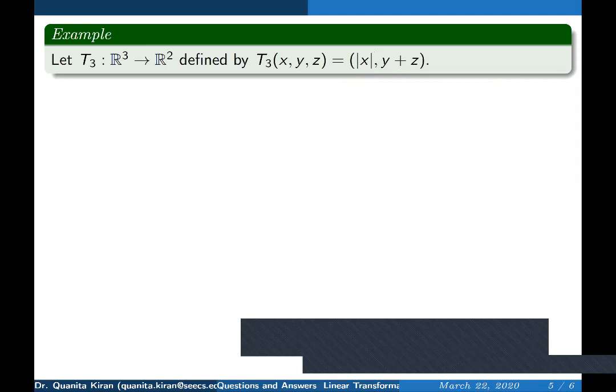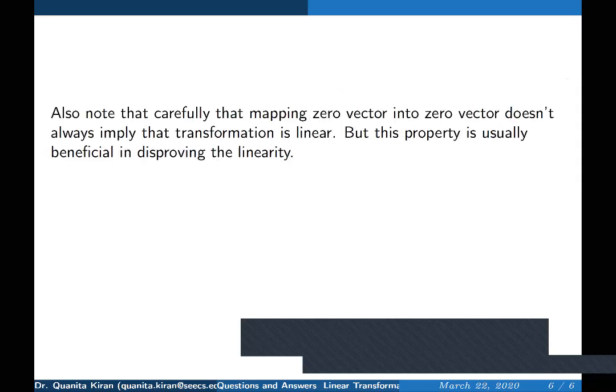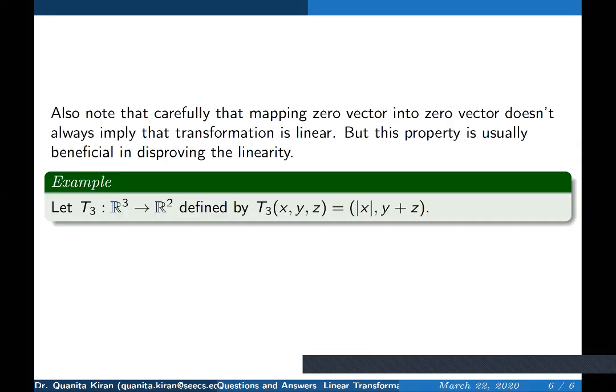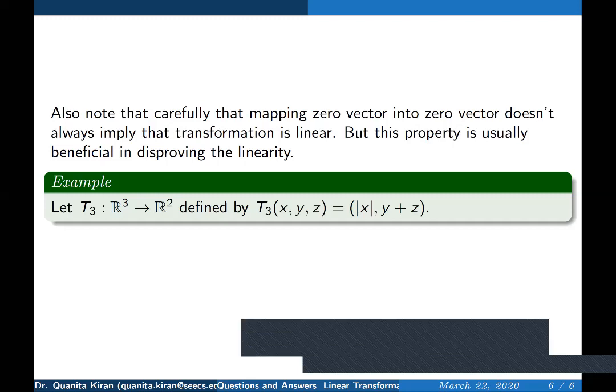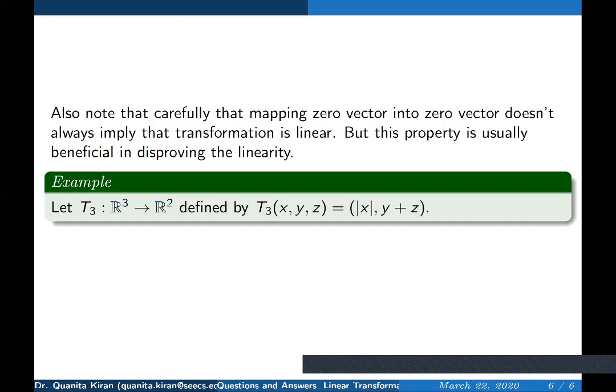Lastly, I want to make it clear that mapping the zero vector into the zero vector does not always imply that the transformation is linear. For example, you see this transformation T3, it always maps the zero vector onto the zero vector. But this is not a linear transformation. So we cannot use this property to prove that the transformation is linear.